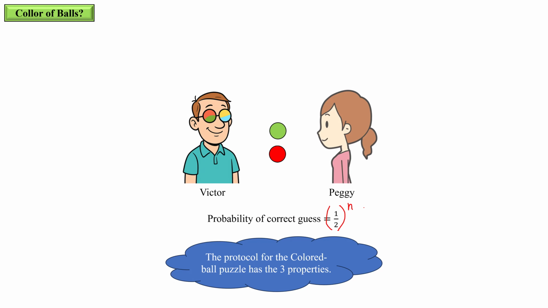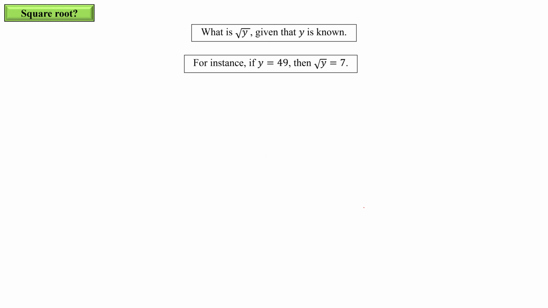Okay, so we started with the Verisbaldo example, which was a very easy ZKP example, and then the color of the balls, which is a little more complex than the Verisbaldo. Now we want to go and discuss a third example that consists of some mathematics. The question here is: what is the square root of y when the value of y is known?